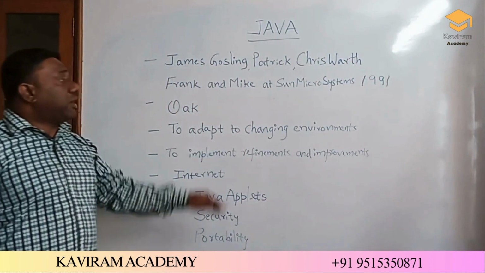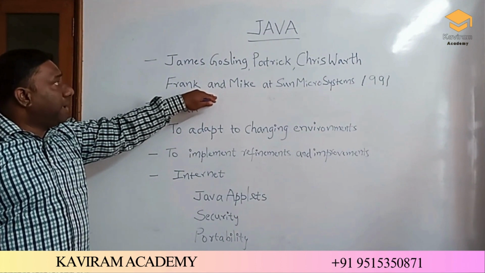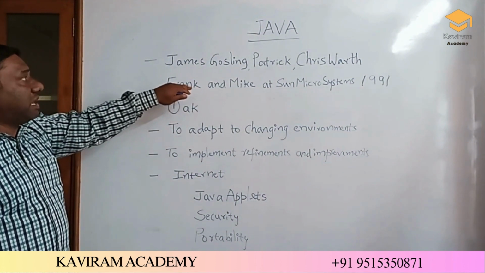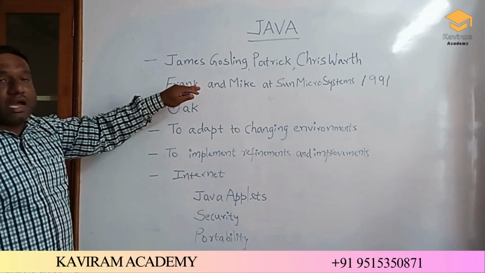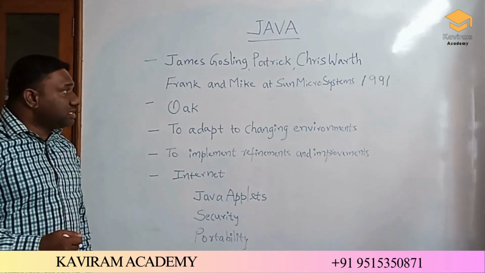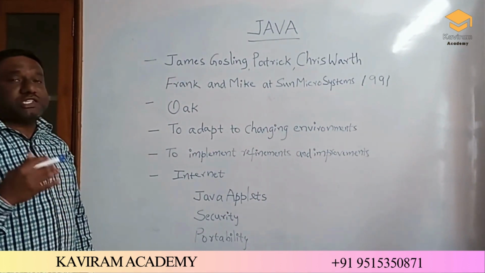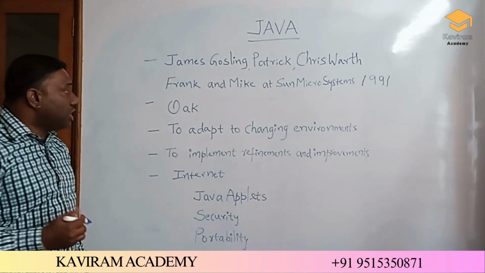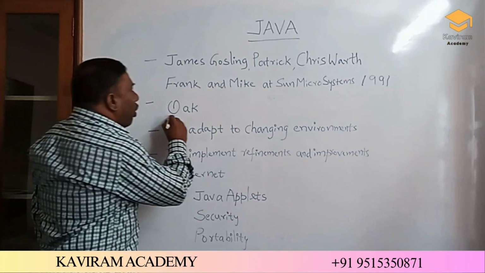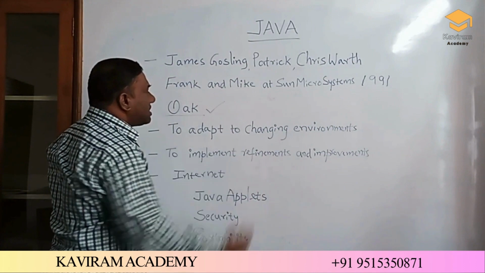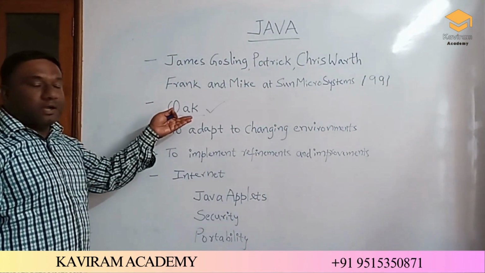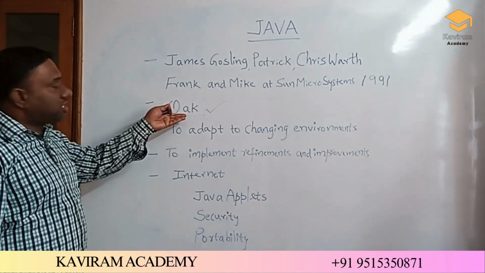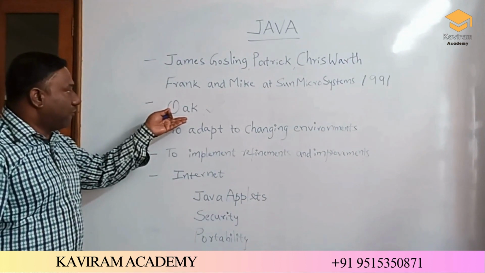At Sun Microsystems this group of people developed the language called Java. They worked for around 18 months and created the first version, which was called Oak. So previously Java was named Oak.